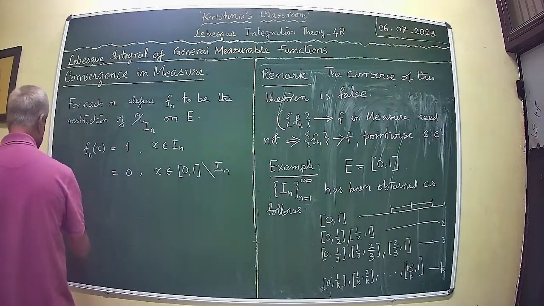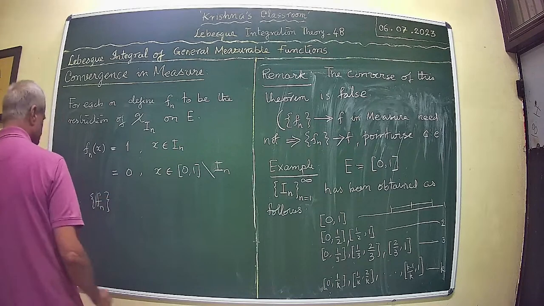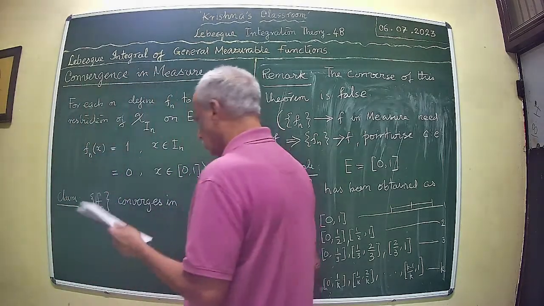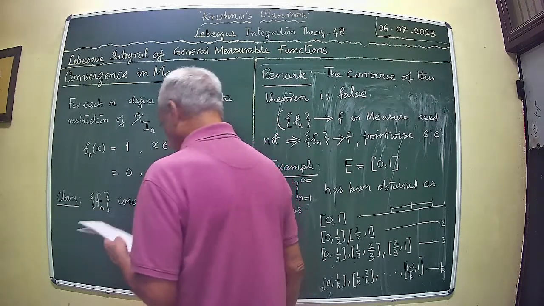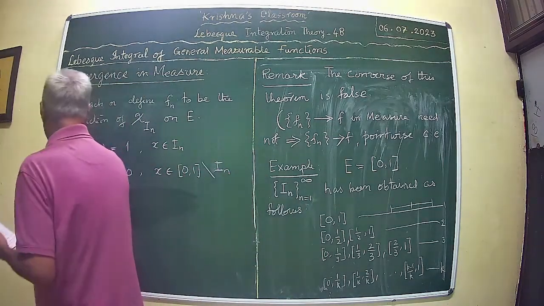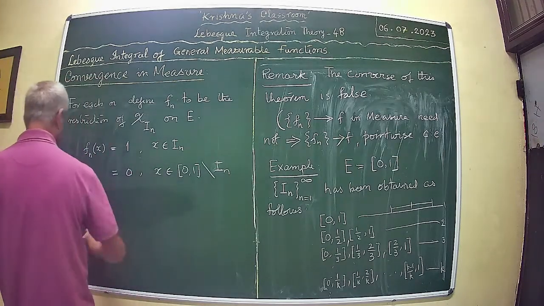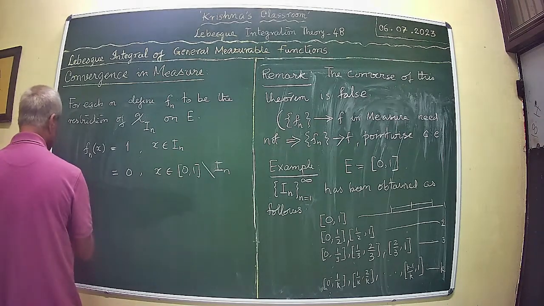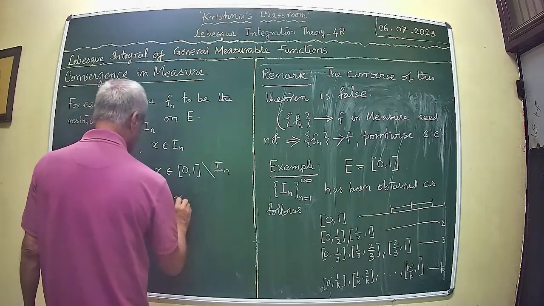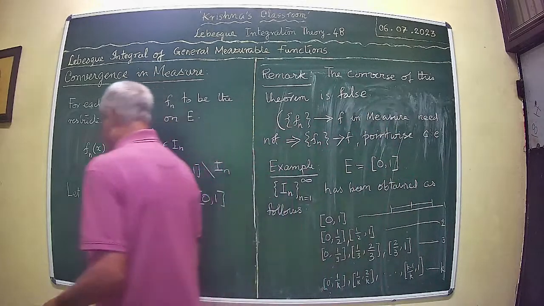Now what we claim is this. Let's say what F is, so that is F identically equal to 0. Now what we claim is this.